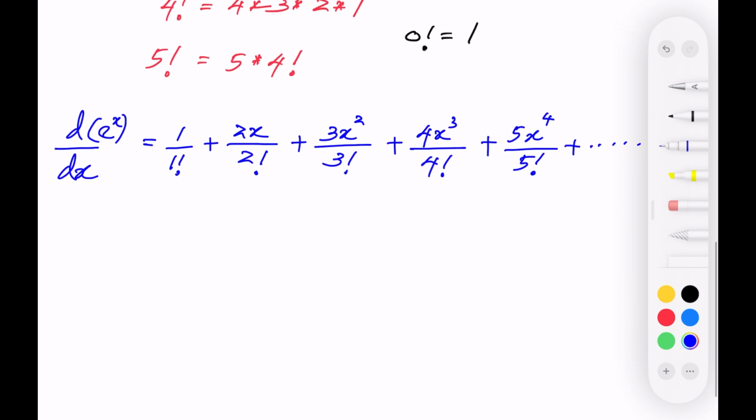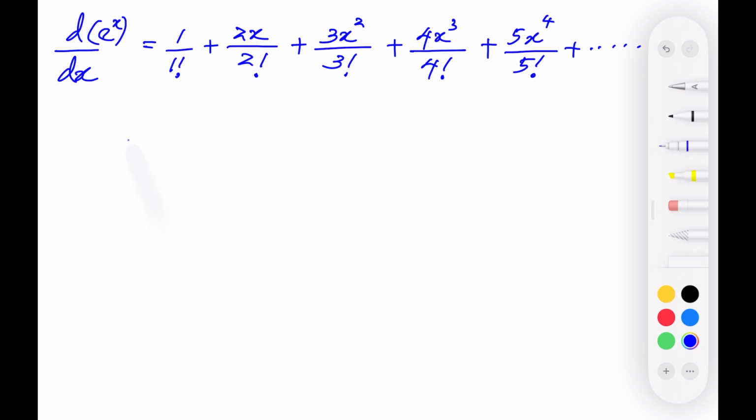Now, we can do some further simplifications. Of course, 1 over 1, this first term, is just equal to 1, and there's a plus sign. What can you say about this second term? It's 2x over factorial 2. The 2's can be cancelled, therefore it simplifies to x. And there's this plus sign. And then how about this next term?